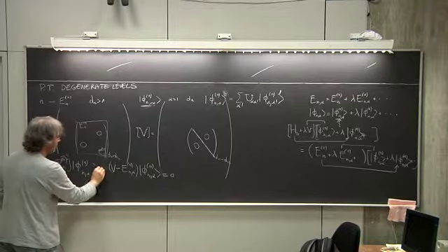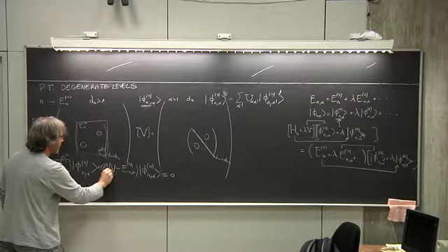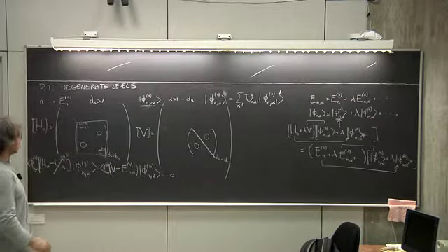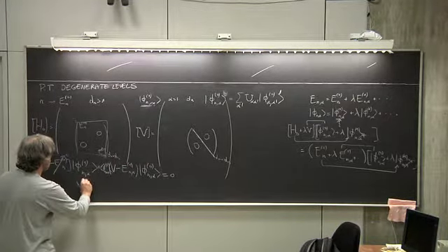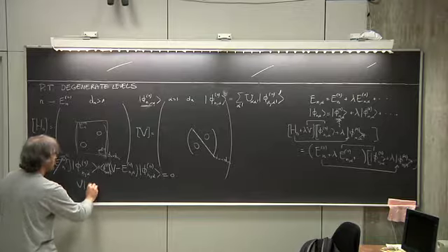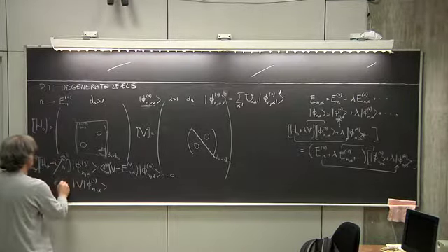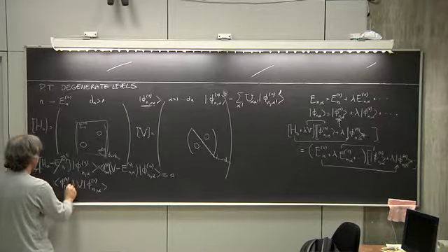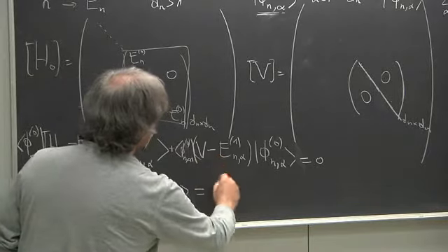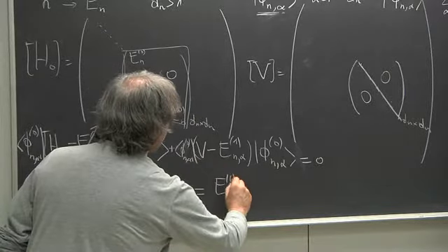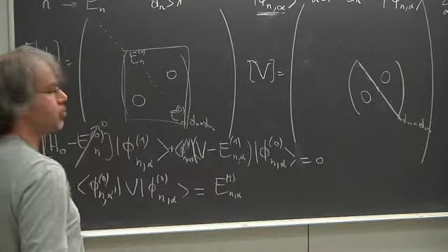However, here now I have plus phi 0 n alpha prime. Okay? So what I conclude is that the matrix element of V between the two states phi 0 n alpha and phi 0 n alpha prime must be exactly equal to E1 n alpha times the overlap between the two states.